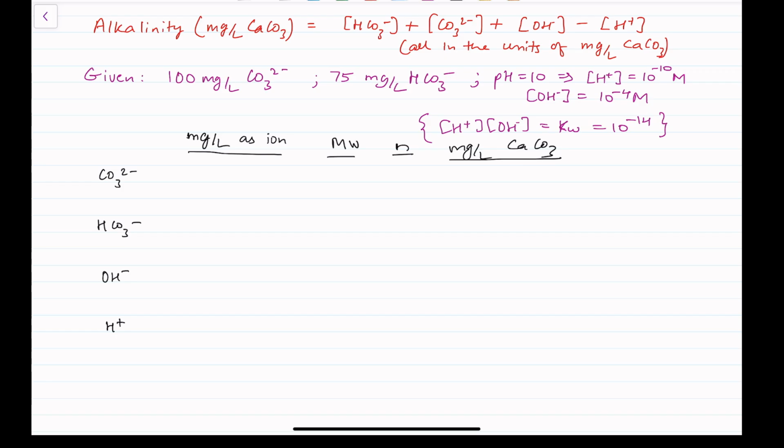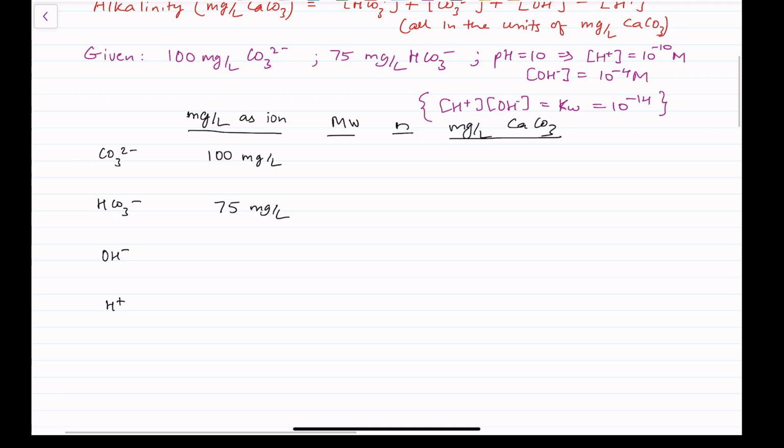So for CO3 minus, this is given as 100 milligram per liter. This is 75 milligrams per liter. OH minus is not given directly. Let's also write down millimoles per liter here.